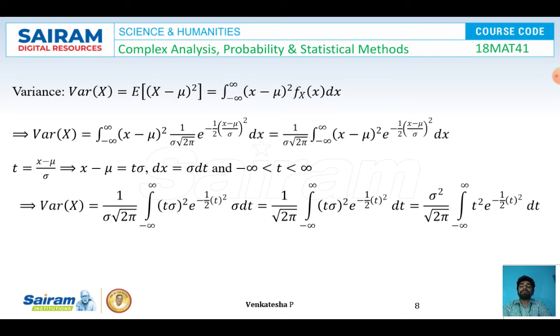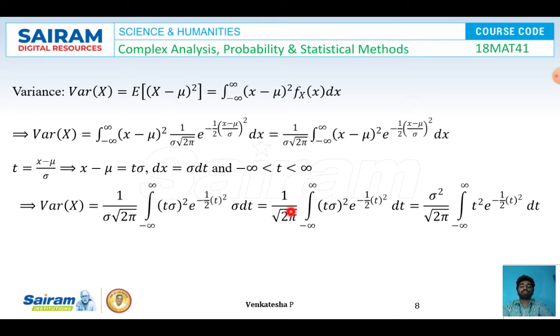So now by replacing all this data in this expression, I got variance of x is equal to 1 by sigma square root of 2 pi, integral minus infinity to plus infinity, t sigma whole square, e power minus 1 by 2 t square into sigma dt. So I'll be cancelling sigma with sigma.